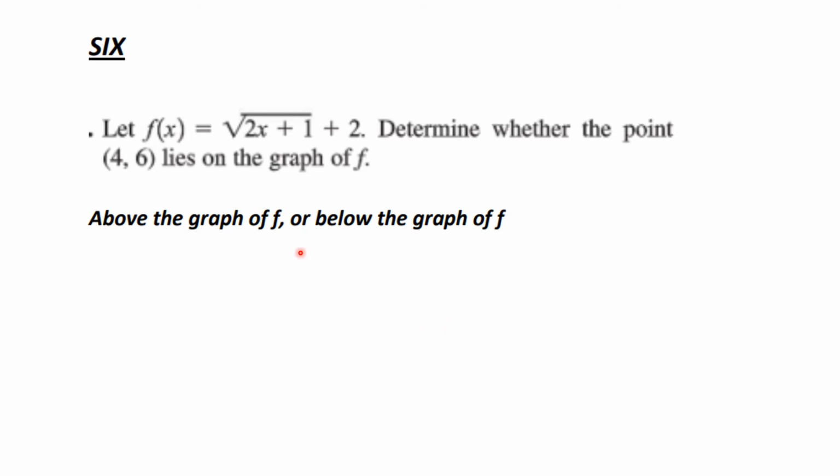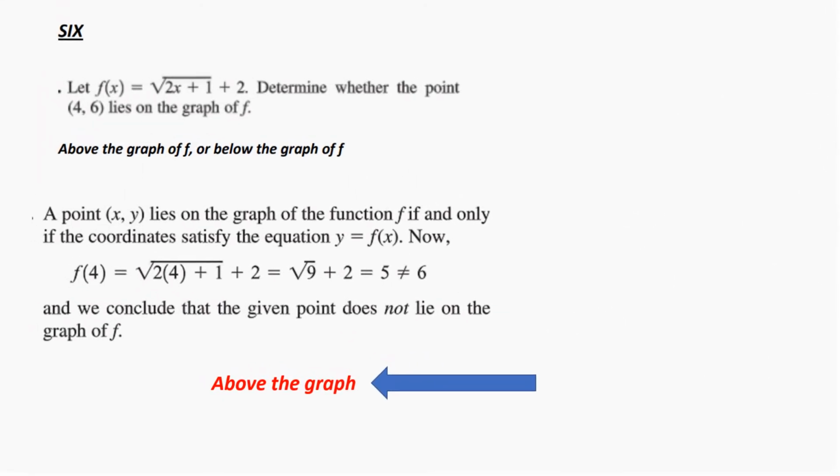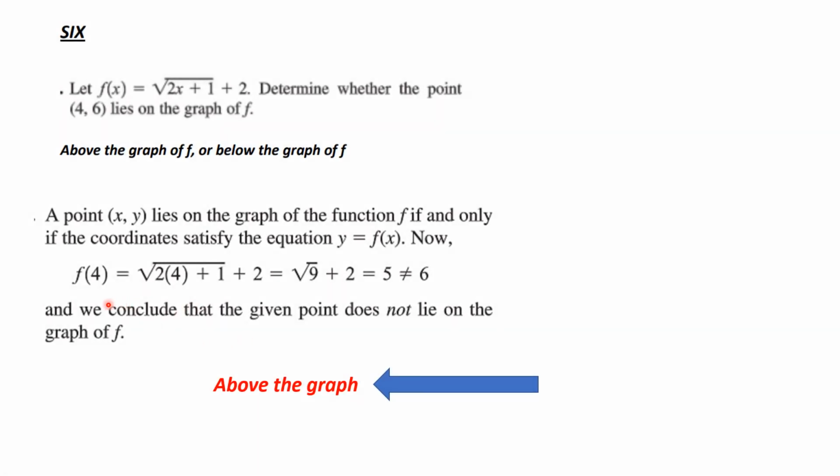Problem number 6, I gave you a function, and you were to determine whether the point lies on the graph, above the graph, or below the graph. The point was (4, 6). And so you plug 4 into the function, and you find out that the y value is 5, because it's always y equals f of x, and 5 does not equal 6, so it's not on the line.